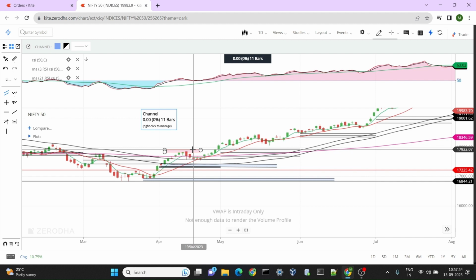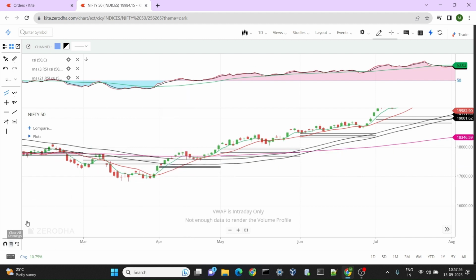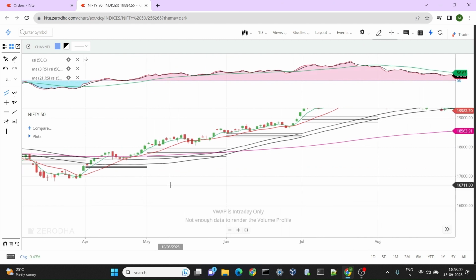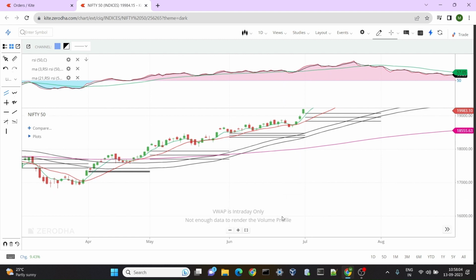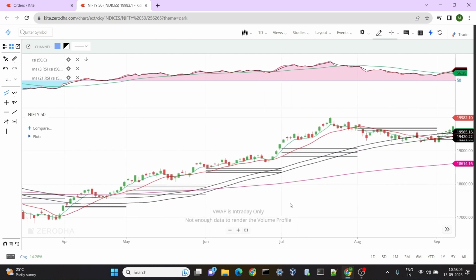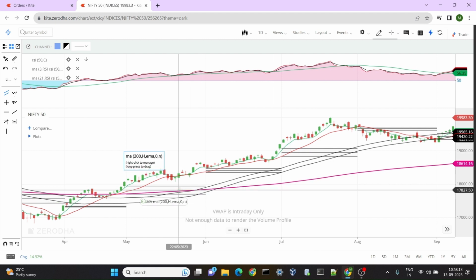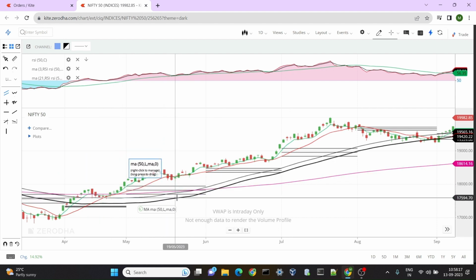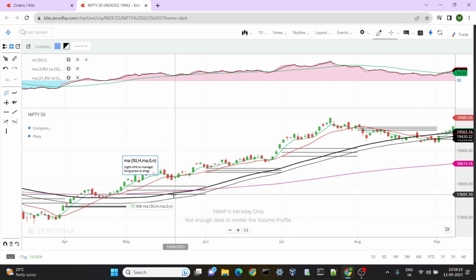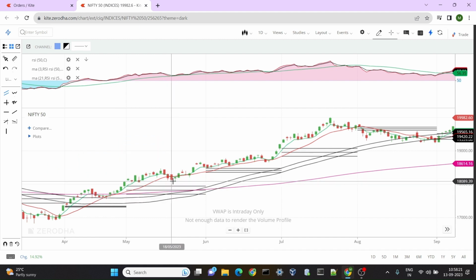So you might ask now, why have you plotted these indicators if you are not using them? That is also one of the good questions. The indicators are just for knowing whether we should take the trade or not at this particular price. See here, if you are here, the 50 moving average is very much lower than the current trading price.